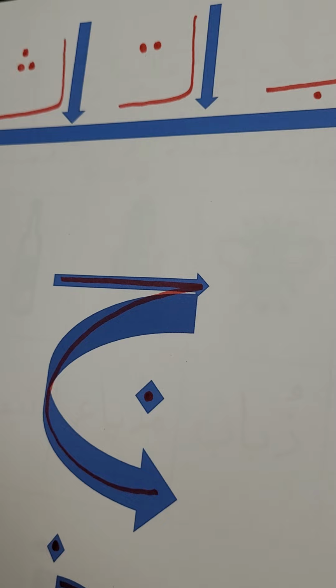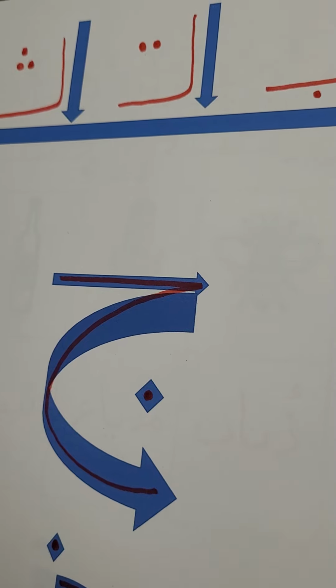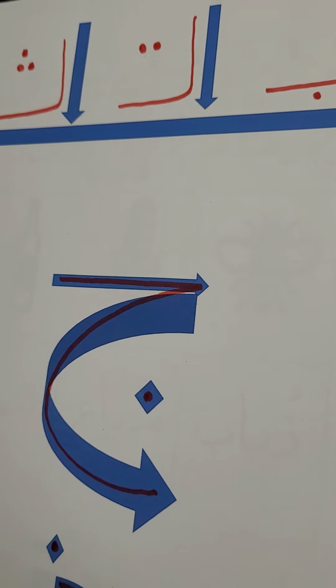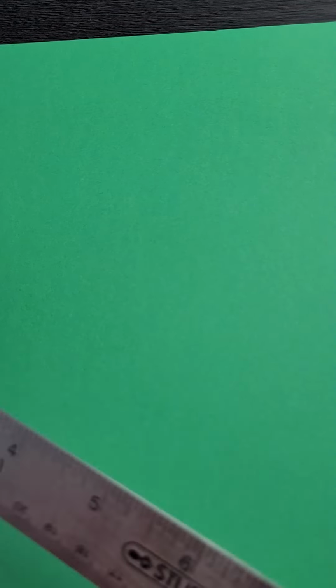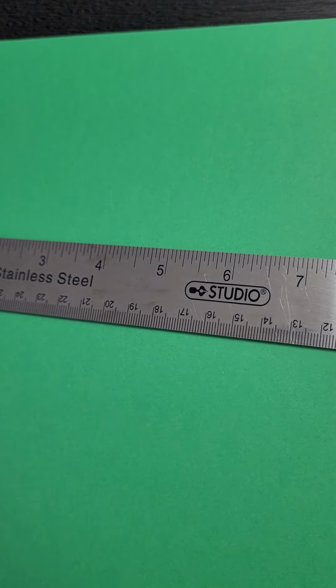Now, we will do a beautiful activity. Choose one letter, like jim or dal, whatever you like, and practice the bold font.